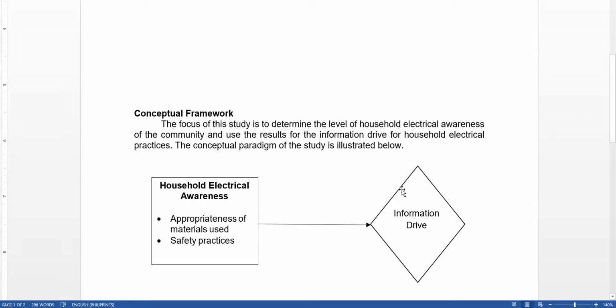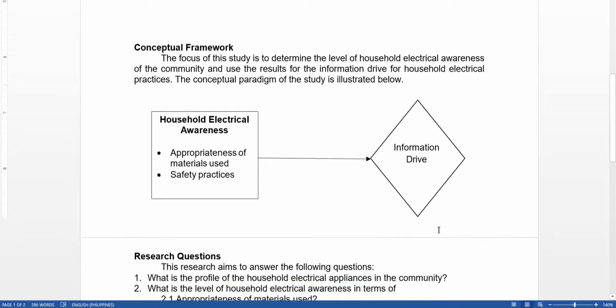Now, the diamond here emphasizes that the decision in the independent variable will become the basis for the information drive. So we have the diamond, which emphasizes decision, whether we have to go for the information drive or not, and what kind of electrical awareness should we include in our information drive.